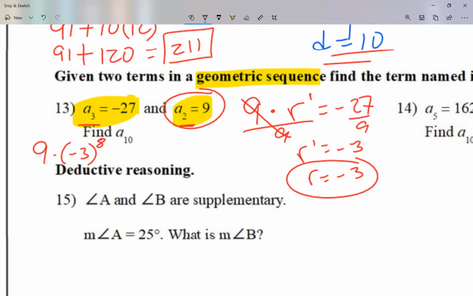Okay, so I have to figure out what's negative 3 to the 8th. And that gives me 6,561. Okay, so this is 9 times 6,561.